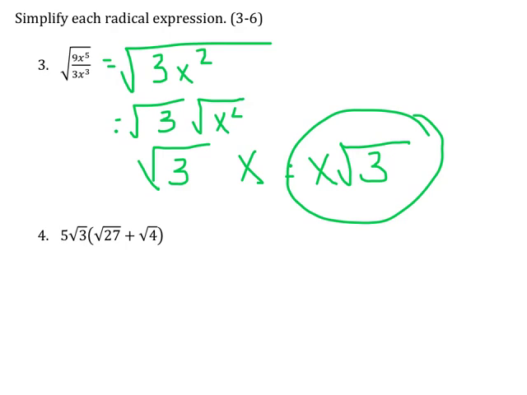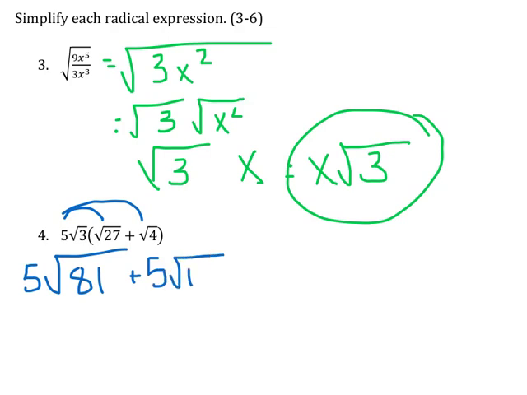Second one, we're multiplying, so we need to go ahead and distribute that across. So we have 5 times the square root of 3 times the square root of 27, that is times the square root of 81, plus 5 square root of 3 times square root of 4, square root of 12. We need to go ahead and simplify that.